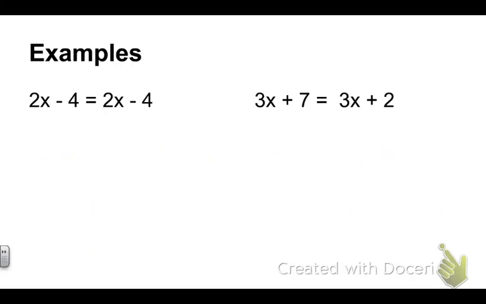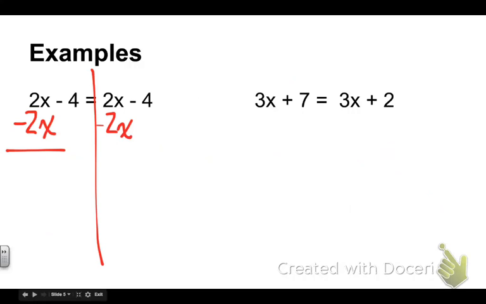If you look at the first one, 2x minus 4 is equal to 2x minus 4. Well, if you look at that, they're exactly the same. All right? They're equal. This is an identity. If some people can't see that, they might say, okay, get the variables on one side. So I'm going to subtract 2x, whatever I do to one side, do to the other, subtract 2x.